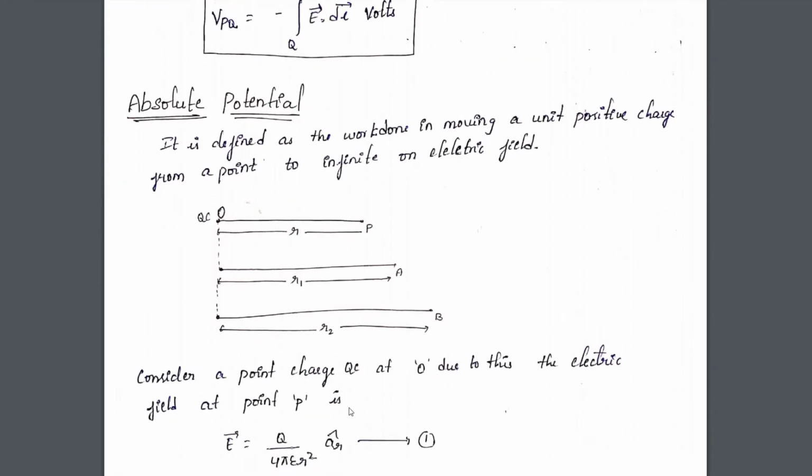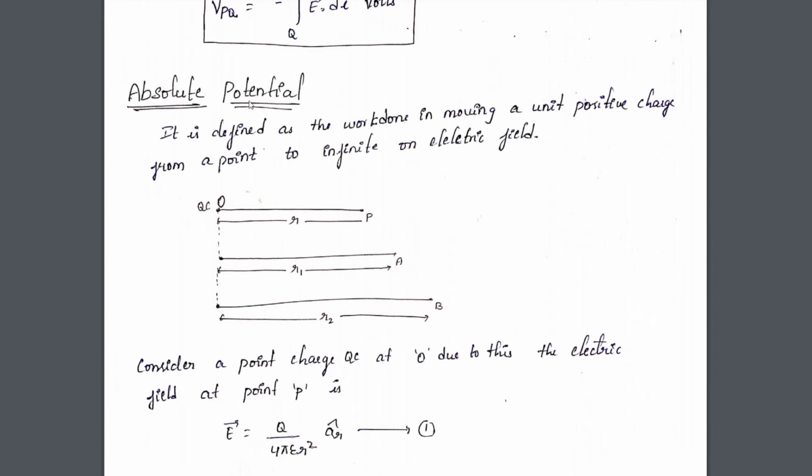Next, you should define absolute potential, and you have to derive the expression for absolute potential in terms of charge Q. So what is this absolute potential? Once again, it is also work done in moving a unit positive charge here also.